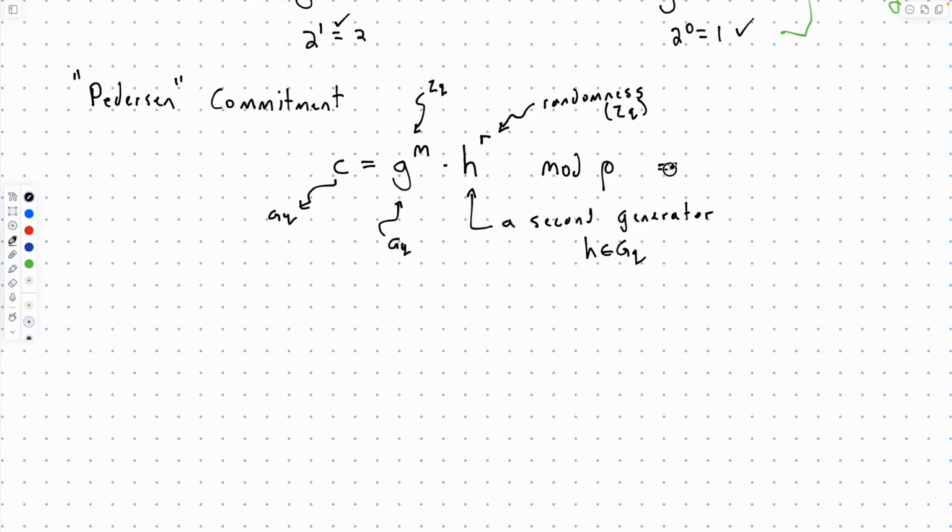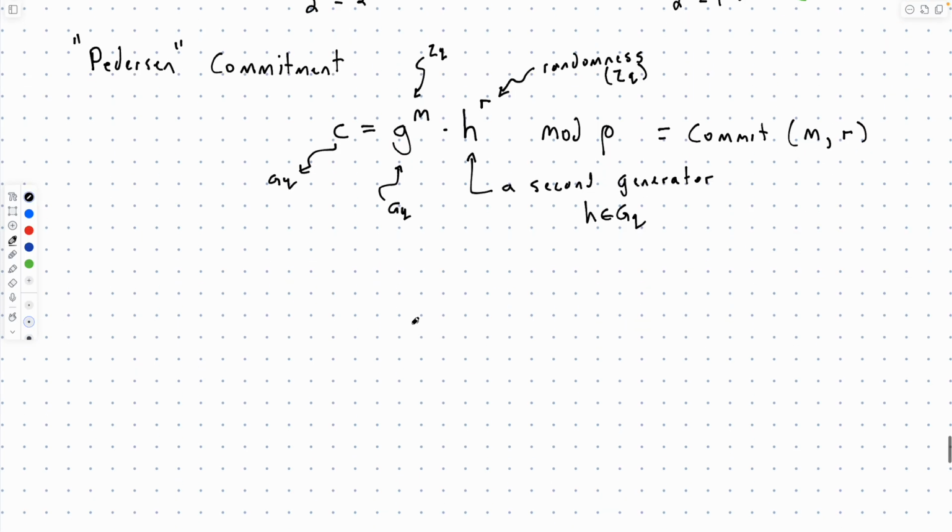The only difference is it now takes 2 parameters. It takes a message and it takes randomness as well. I'm confusing myself here. This is the operation we call commit. So this is when I commit to it. It's going to take 2 parameters, M and R. Okay, the message and the randomness.